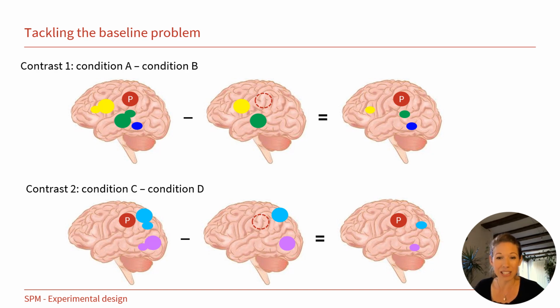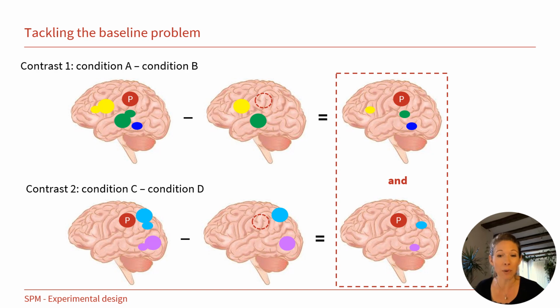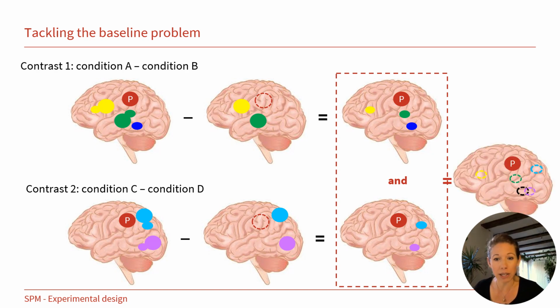And now you can already see the beauty of conjunction. We have a third step where we look at the overlap in brain activation between those two contrast images. The idea here is that when we look for the overlap, all those interaction effects we're not interested in are just cancelled out. So here we can very elegantly address the problem of pure insertion.